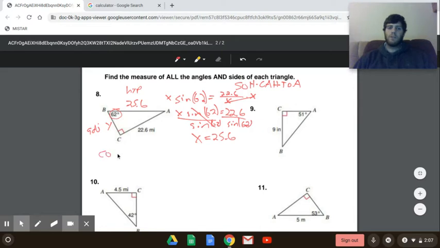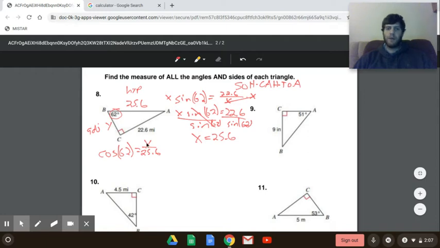So we're going to have the cosine of 62 is equal to adjacent over hypotenuse. So that's y divided by 25.6. You could have also done the tangent of 62 equals 22.6 over y. That would have worked as well. So you could have done cosine, tangent, or you could have done the Pythagorean theorem.